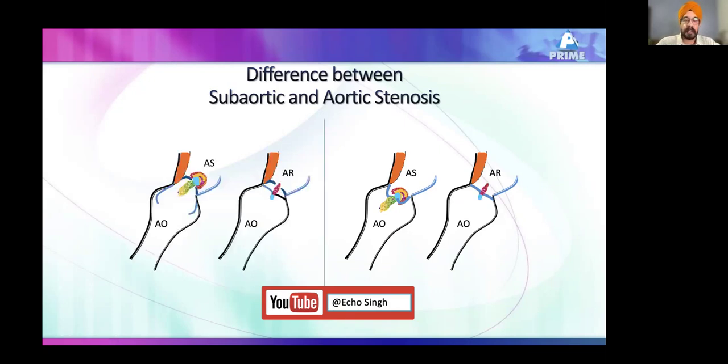But it is not the case with the subaortic membrane. In the subaortic membrane, the PISA happens quite proximally and the AR happens a little distal to the aortic valve.